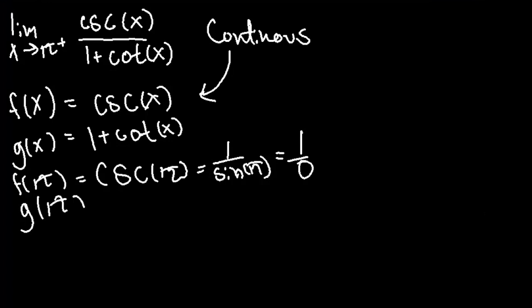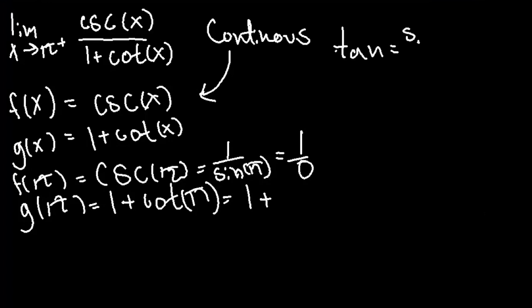We'll do the same thing for the denominator, 1 plus cotangent of pi, which is equal to 1 plus... You know that tangent is equal to sine of x over cosine of x, your change in y over your change in x.